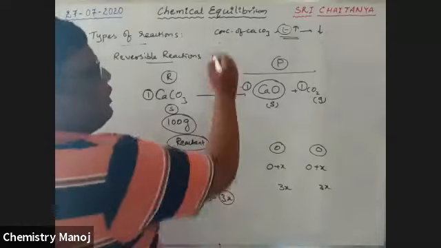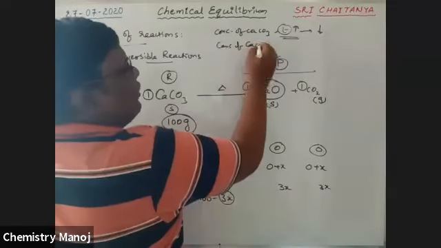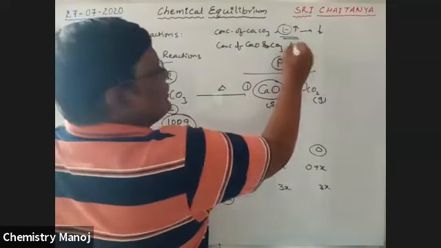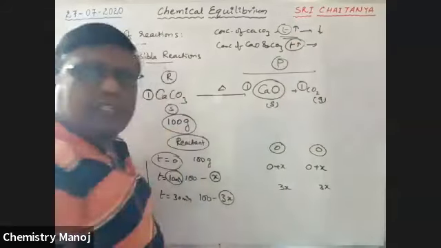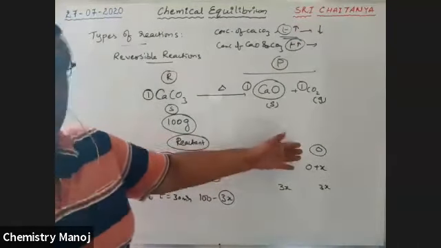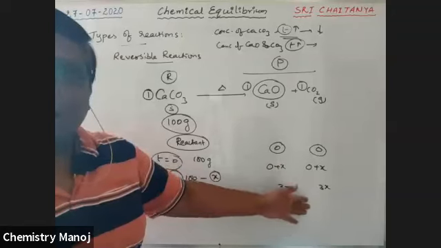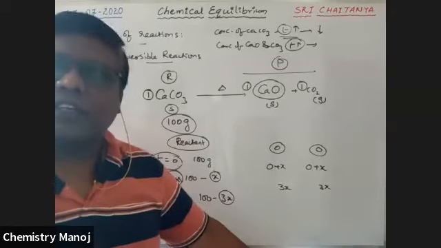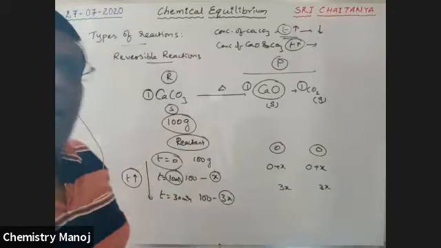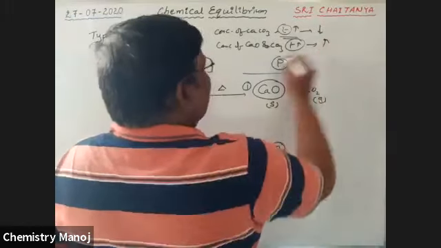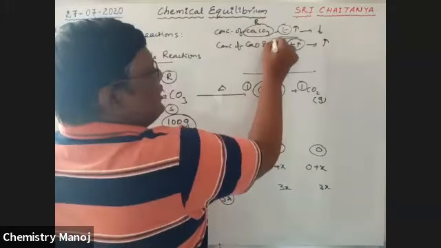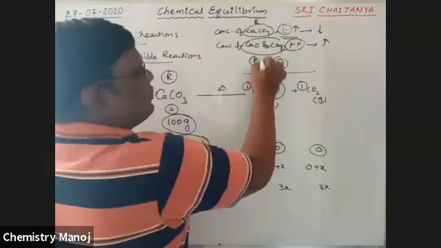Now what about the concentration of CaO and CO2 as the time increases? Increases or decreases? See here, actually 0, then X, then 3X, next 5X, next 10X, reaching up to the maximum. Yes, as time increases, CaCO3 is the reactant, and CaO and CO2 are the products.